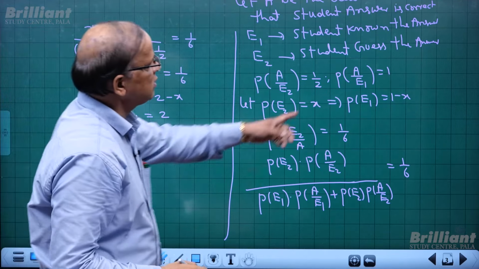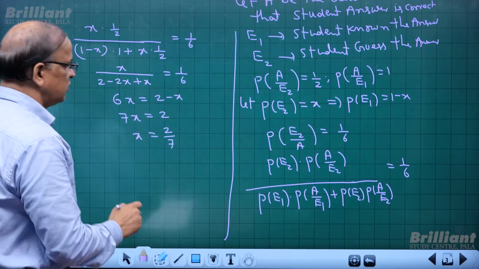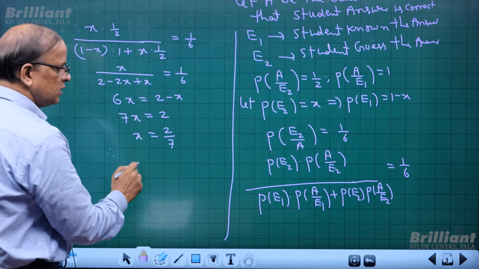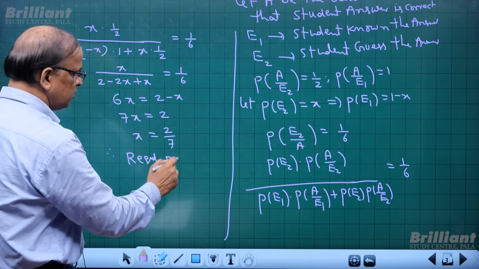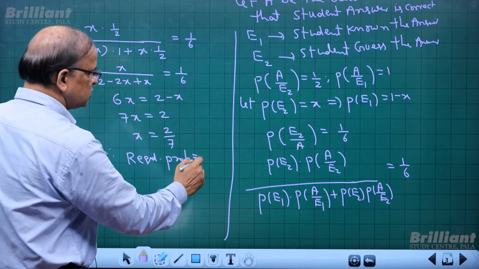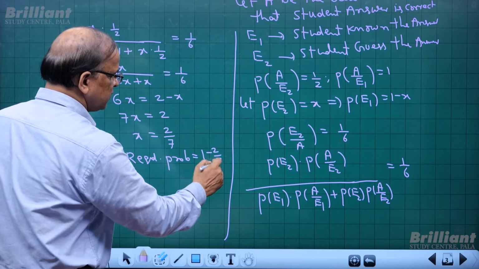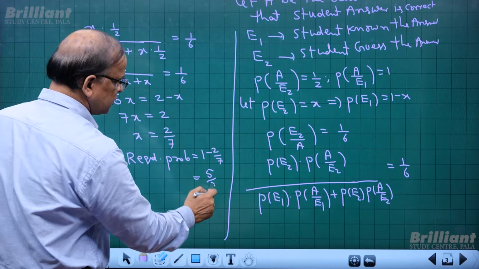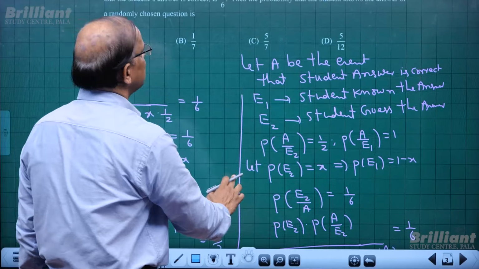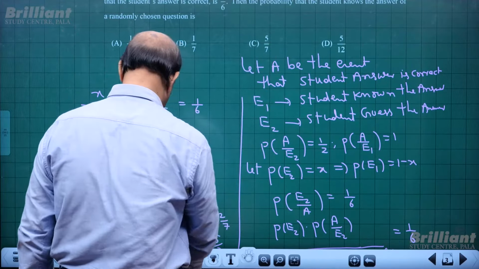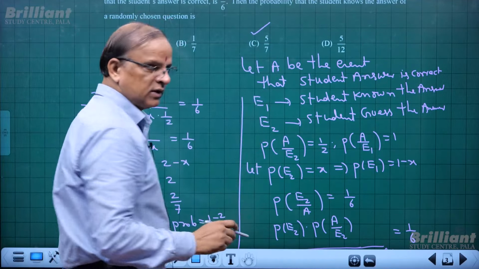But we want 1 minus x. So therefore, the required probability is 1 minus 2 by 7, that is 5 by 7. So 5 by 7 is the answer. Yes, C, right? C answer is correct.